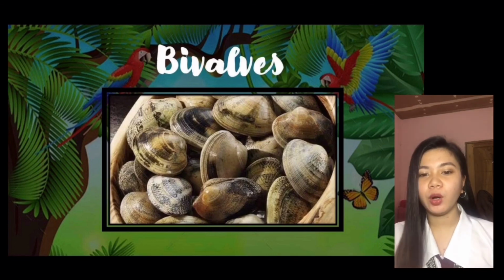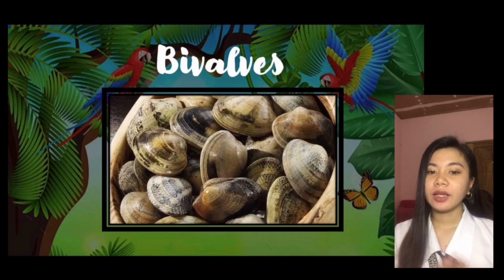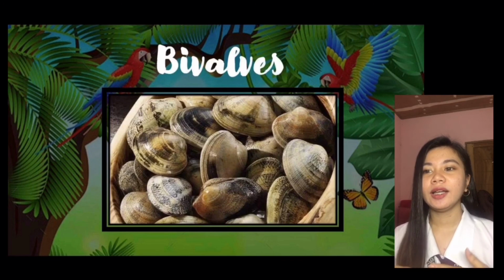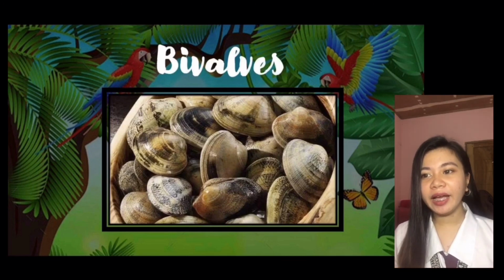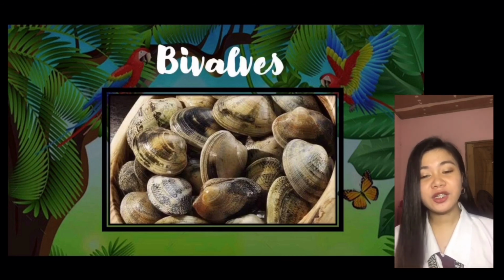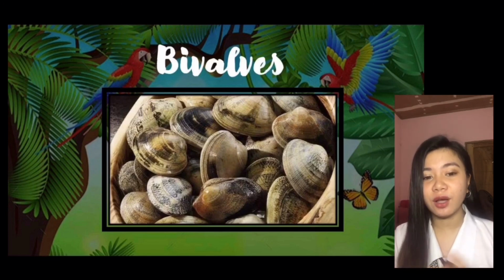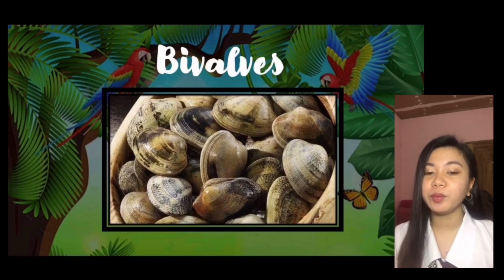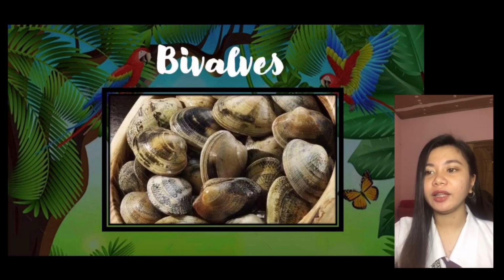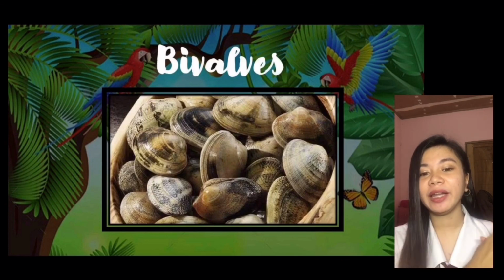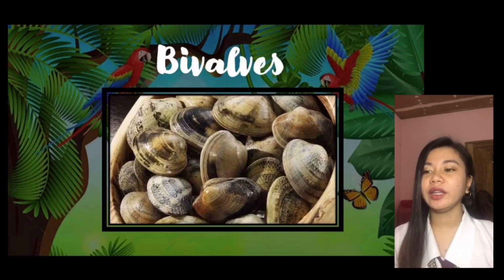So, ang bivalves naman daw po is yung kind of or is an animal type na meron siyang two shells to protect yung soft-bodied or yung inner soft na nandun sa loob ng shell. And nakikita po natin dito sa picture na ito po is parang yung peras na nakukuha natin sa ilog.